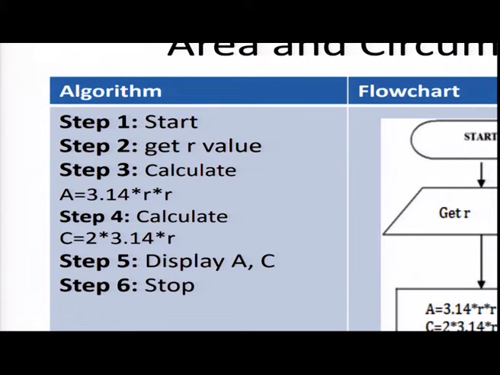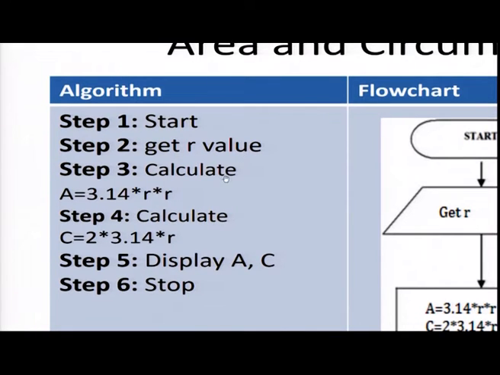So the value of pi is 3.14. You get the value of r, then calculate area equal to 3.14 multiplied by r into r. If you have got the value of r, you substitute it over here: 3.14 into r into r, and this is for calculating the area.